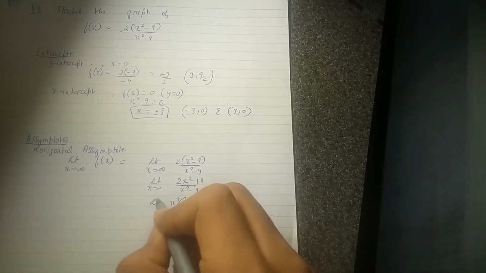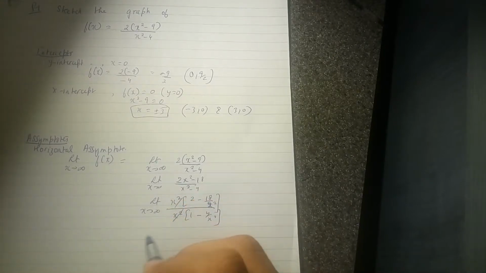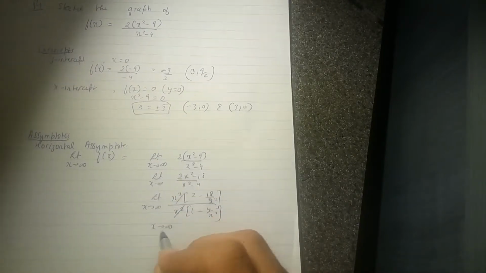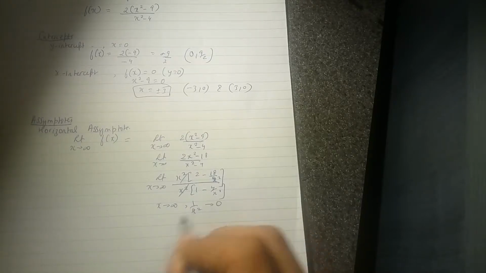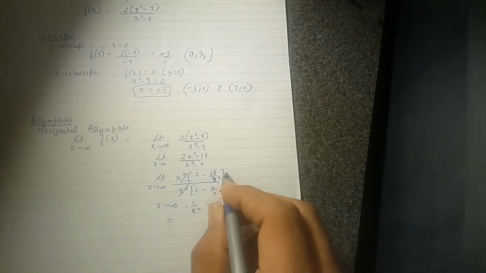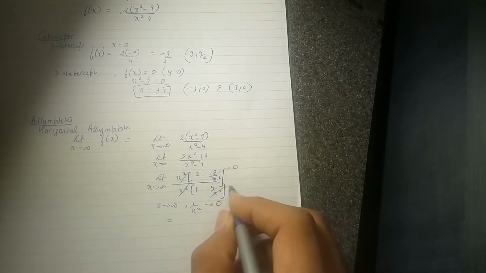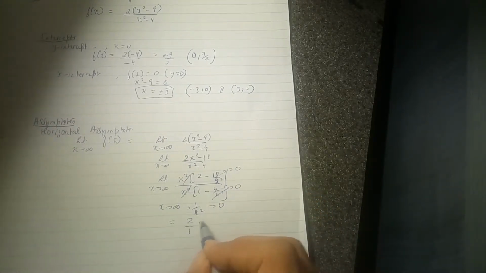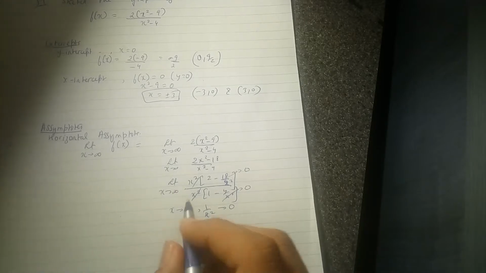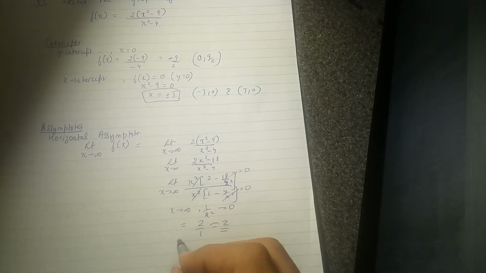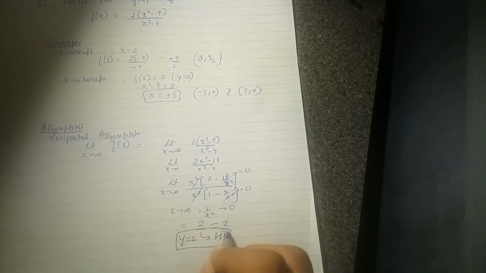X squared would cancel, and as x approaches infinity, 1 by x squared will approach 0. So this term will go to 0 and this term will go to 0 as well. So it would be 2 by 1, just 2. So y equal to 2 will be a horizontal asymptote.